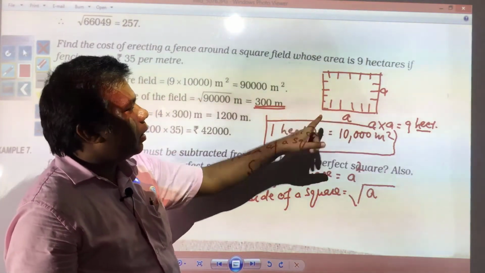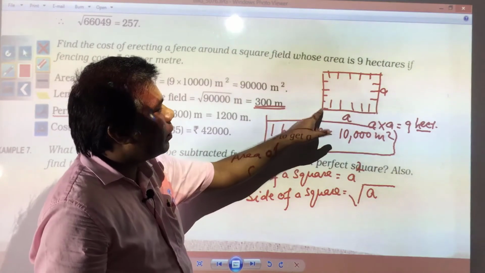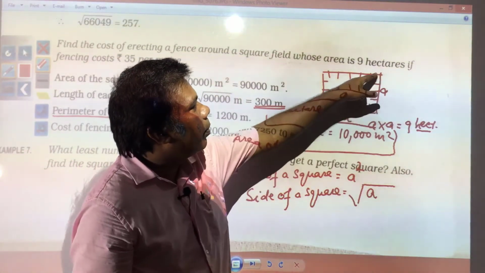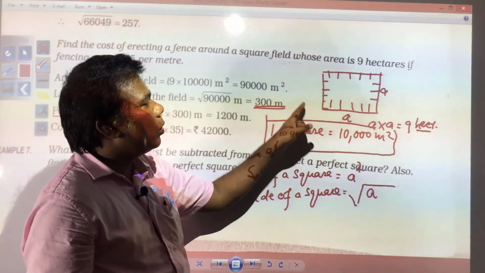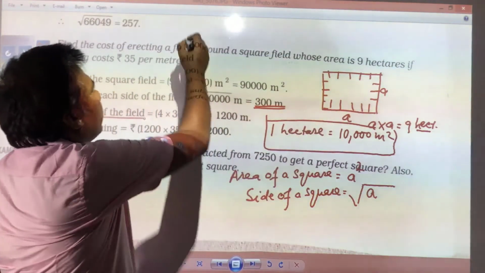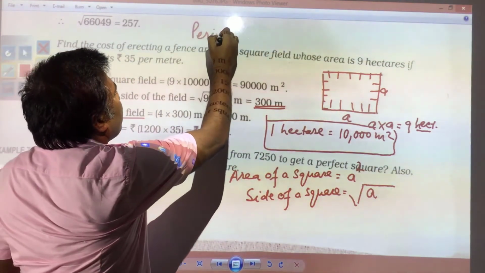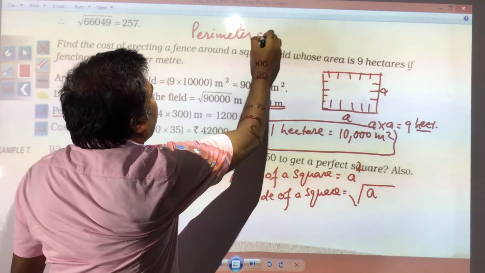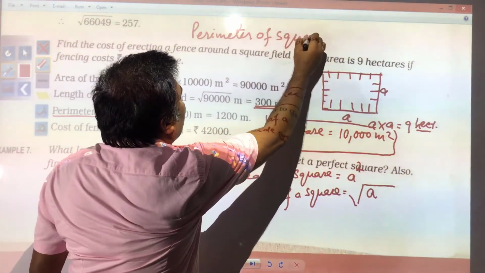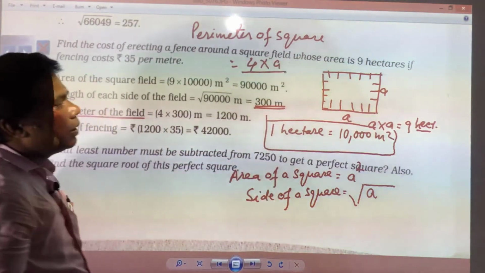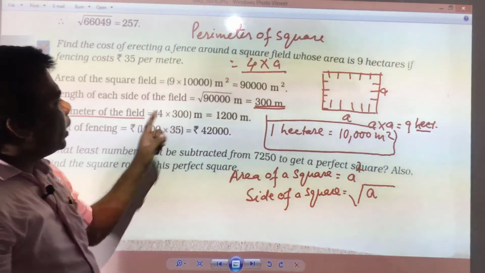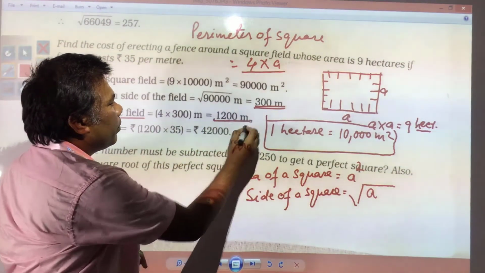If you need to find the total length of the boundary, that is called perimeter. Perimeter of square is equal to 4 into A, 4 into side. A means side. So 4 into 300, that is 1200 meter.